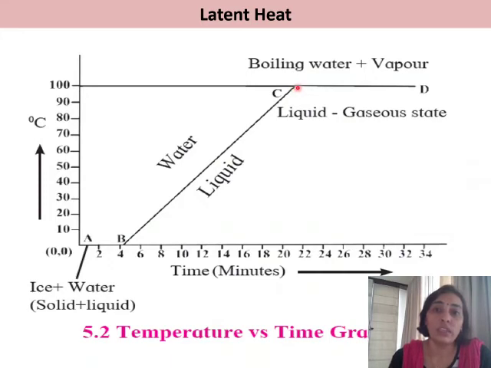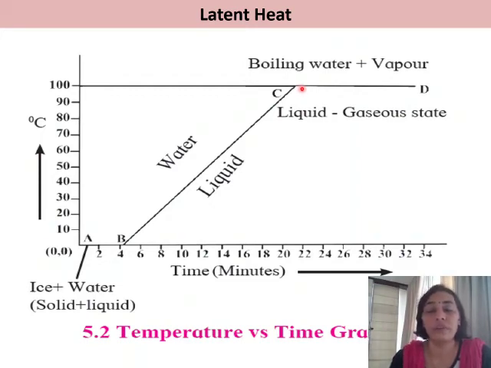So this line CD, we find that there is no rise in temperature, and this temperature continues to be there until all the water is converted into the gaseous state. So again we come across a new term, that is boiling point.